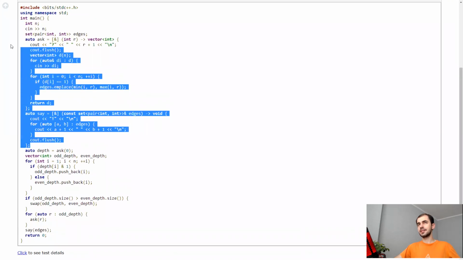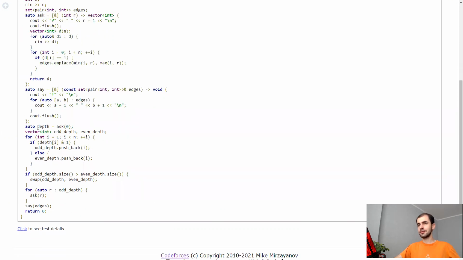So in this particular problem, funnily enough, these functions take most of the space, because then what we do is pick an arbitrary root. Let's say the root is equal to 0. It's also convenient that these functions can take care of adding plus 1 for you, so that in your main program you can use your normal 0-based indexing.